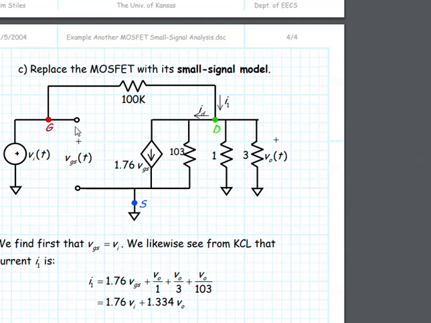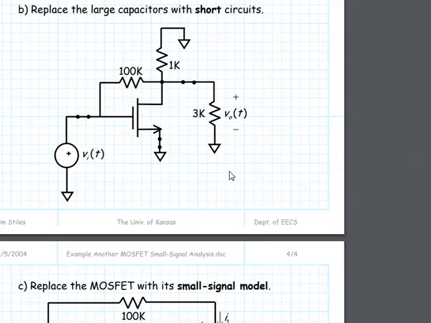Look, the VGS, the GM VGS, because we found GM to be 1.76, and the resistor between the gate and the drain, and then these two resistors.